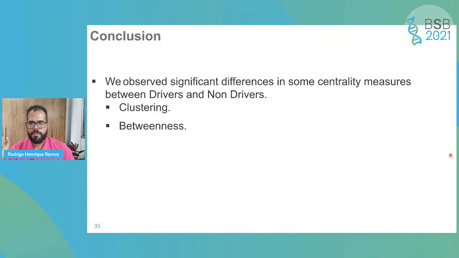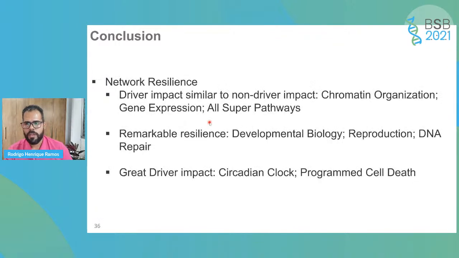As a conclusion, we observed that there is a significant difference in some centrality measures, especially clustering and betweenness, among drivers and no drivers. In the network resilience, we see three groups of behaviors: chromatin organization, gene expression, and all superpathways do not show a difference between the removal of drivers or no drivers.